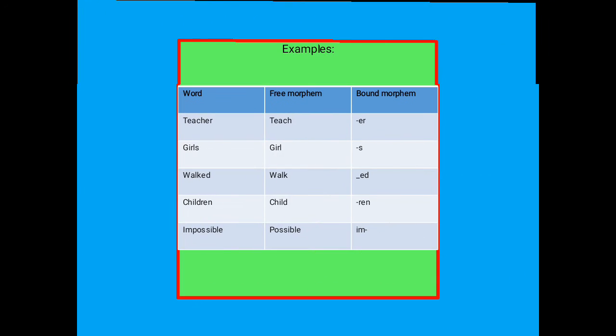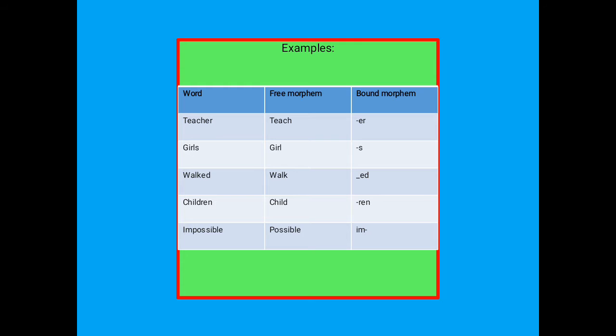So teach here stands on its own. In other words, it is meaningful, it consists of meaning. And under the bound morpheme, we have er, which does not consist of any meaning or understanding. Another example is girls. Under the free morpheme, we have girl, and the bound morpheme is s.